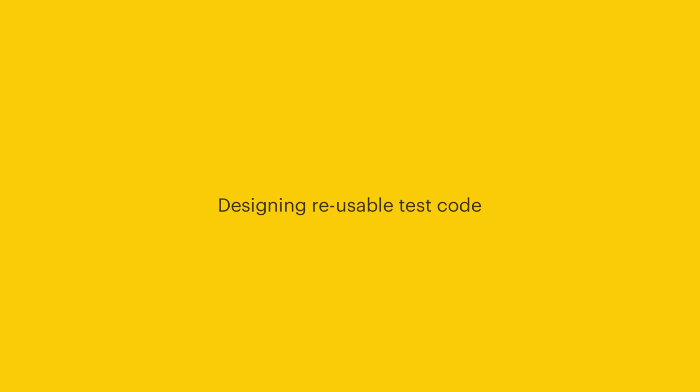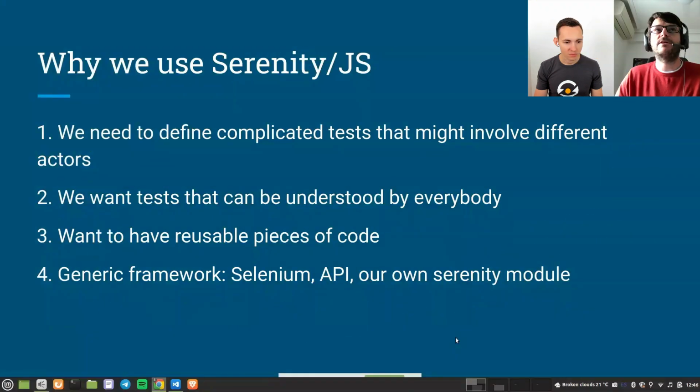Okay, so one other thing that took our attention about serenity-js is that it's quite easy to build some pieces and then put them together as if they were Legos. If you don't have any code at the beginning, it will be a little bit hard, but as you start creating tests, you will see that you reuse a lot of different things, and I think that's one of the key points of a screenplay, right?